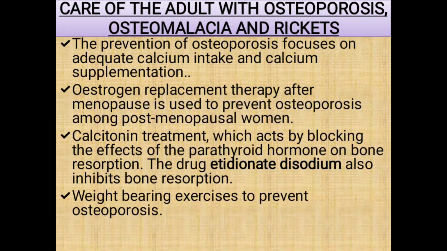So caring for the patient with osteoporosis or osteomalacia or rickets, an adult patient. Basically we have just added calcium to the diet and given supplements. Also giving hormonal estrogen replacement and also calcitonin treatment.